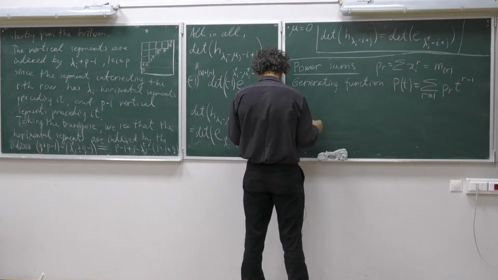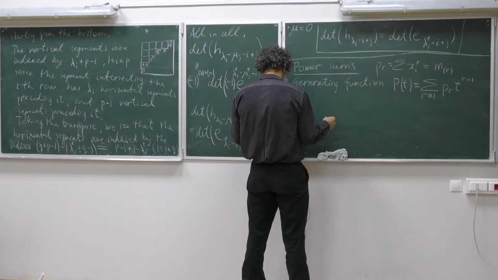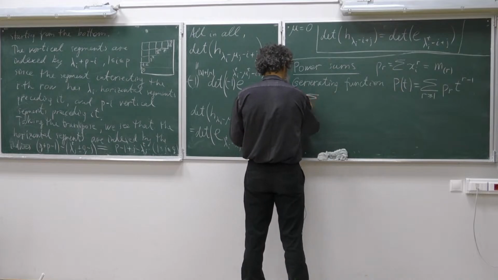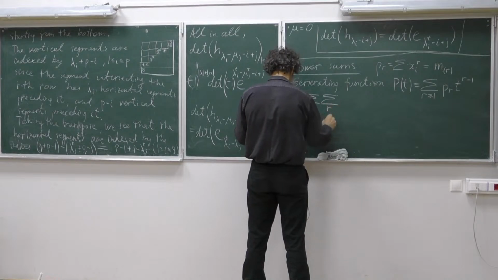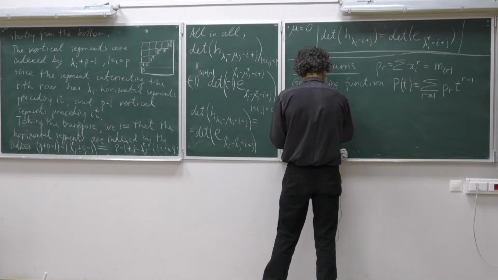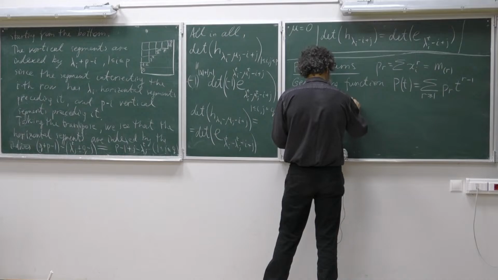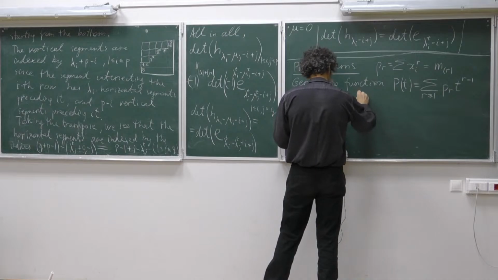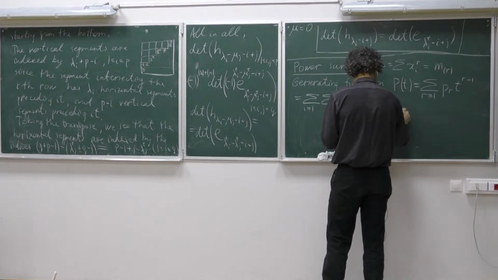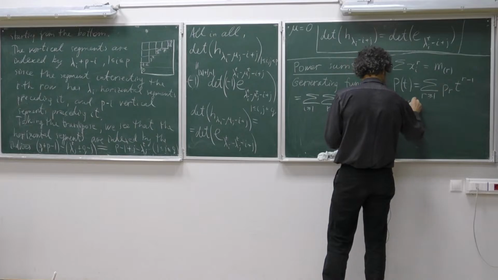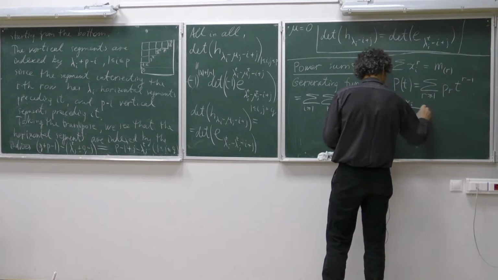Well, let's rewrite this as the sum over all i's and over all powers r of x_i^r t^{r−1}, and then this can be written as the sum over all i of x_i over 1 minus x_i t, right?